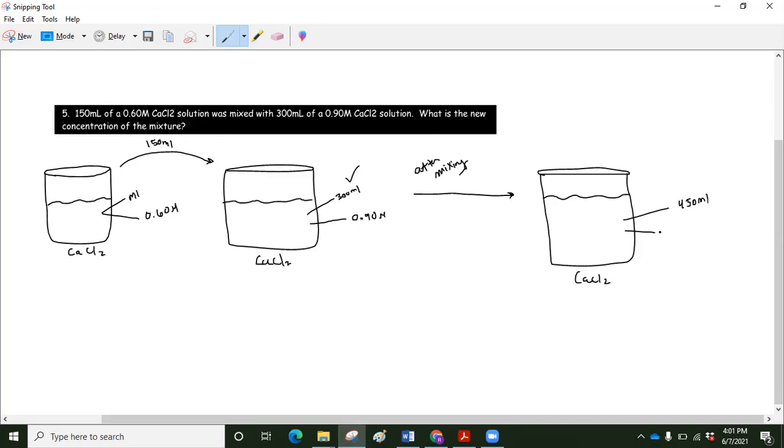So we have 450 milliliters of the new solution, which is also CaCl2. But we don't know the concentration. We don't know M, right? We want to know the molarity of CaCl2 after doing something like this. So the approach, in my opinion, is that we know molarity is equal to moles of solute over liters of solution. This is what we know in terms of molarity and concentration.